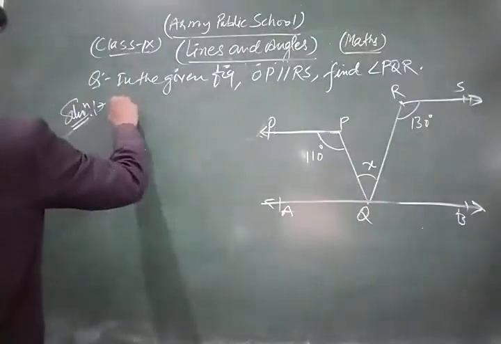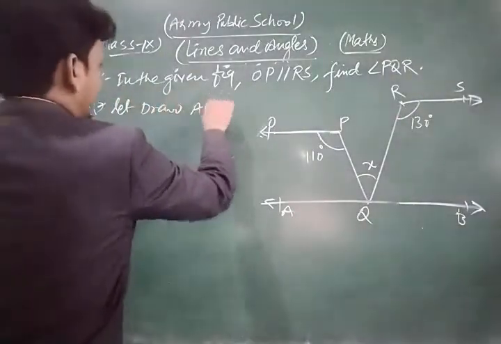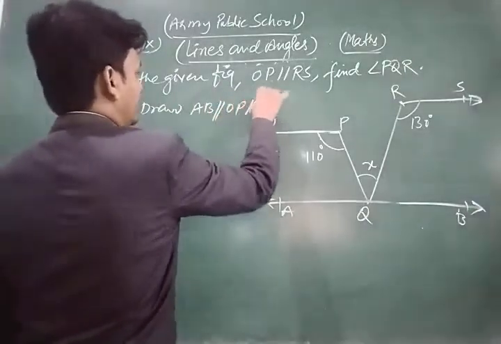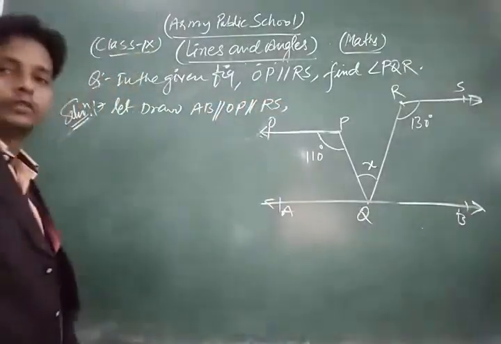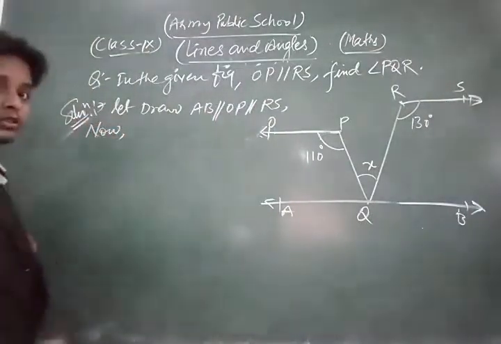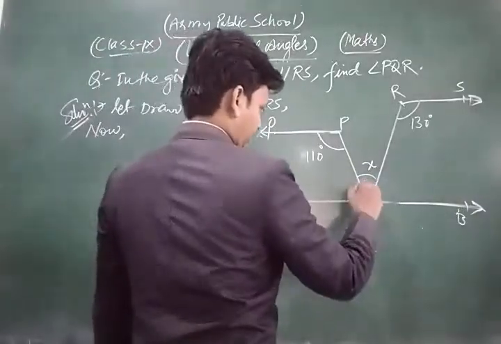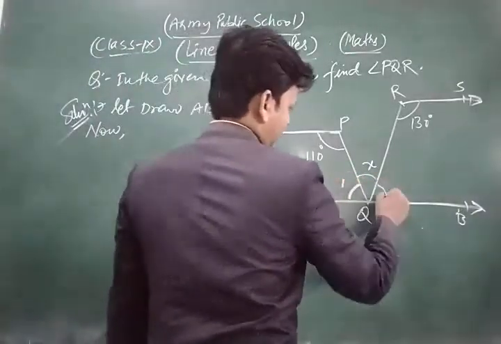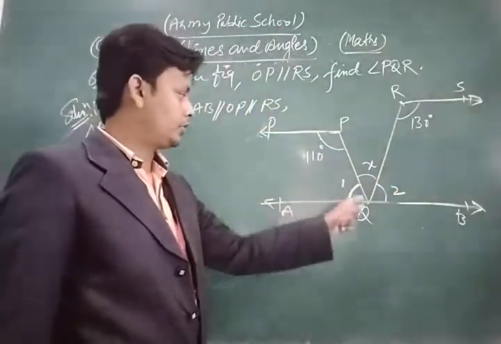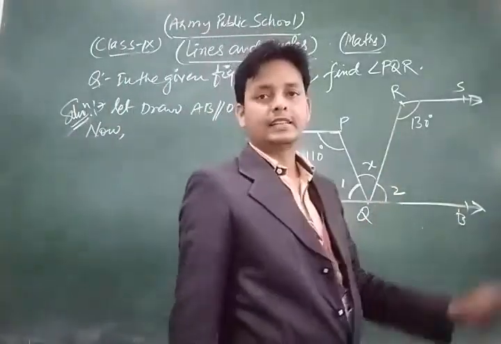Now let us consider the line AB which is parallel to OP as well as parallel to RS respectively. Now first look, we take angle PQA as angle 1 and angle RQB as angle 2.